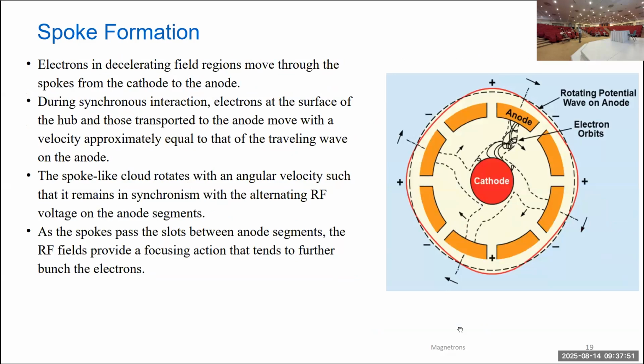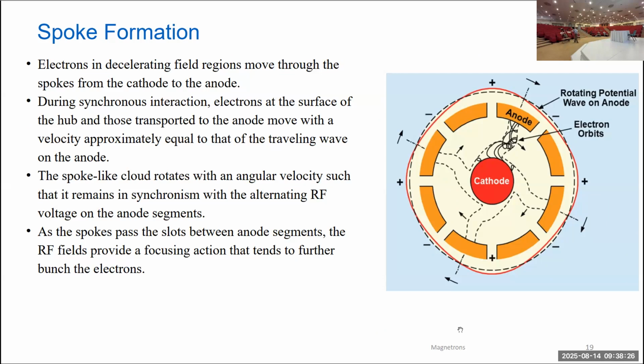Now a similar concept is shown here. A spoke is forming. Electrons in the accelerating field region move through the spoke from the cathode to the anode. During synchronous interaction, electrons at the surface of the hub and those transported to the anode move with a velocity approximately equal to that of the traveling wave on the anode. The spoke-like cloud rotates with an angular velocity such that it remains in synchronism with the alternating RF voltages on these segments.